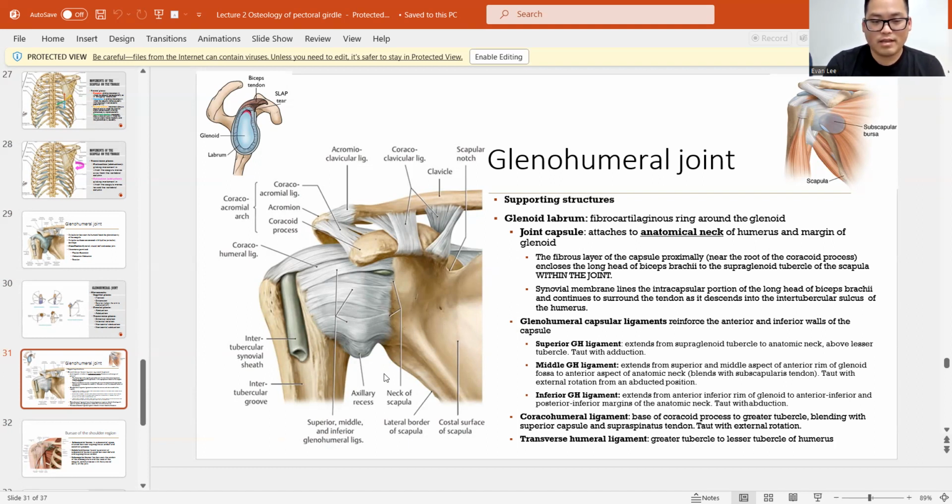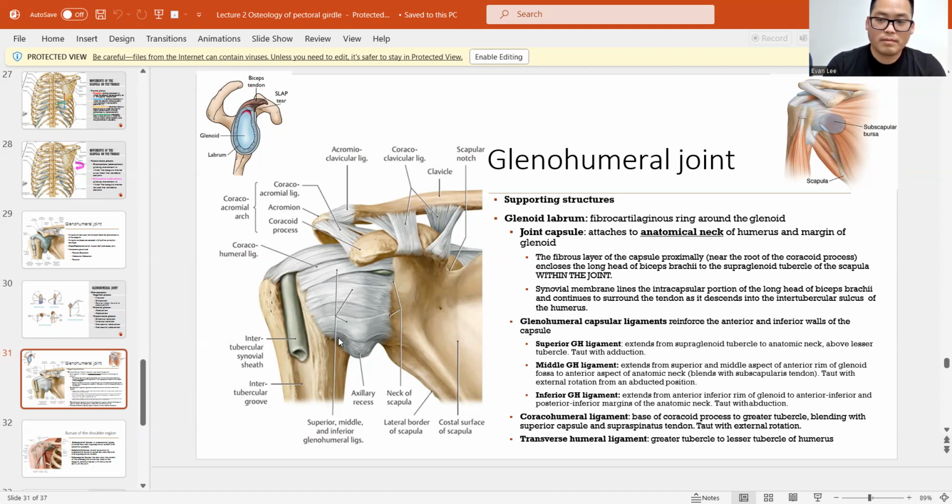This kind of covers everything. But number two, on the front of the glenohumeral joint, this is where you're going to have a couple of glenohumeral ligaments. So you have 1, 2, and 3: one at the top, one in the middle, and one at the bottom, which are called superior glenohumeral ligament, middle glenohumeral ligament, and inferior glenohumeral ligament.